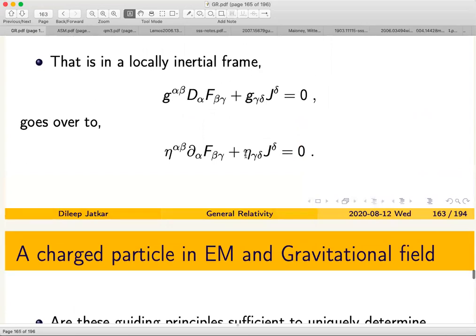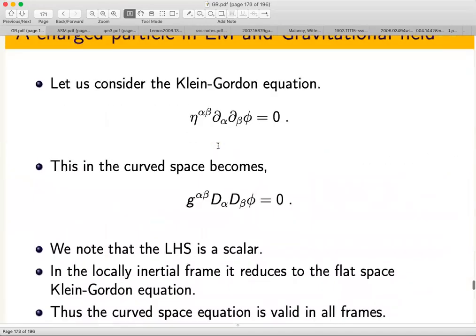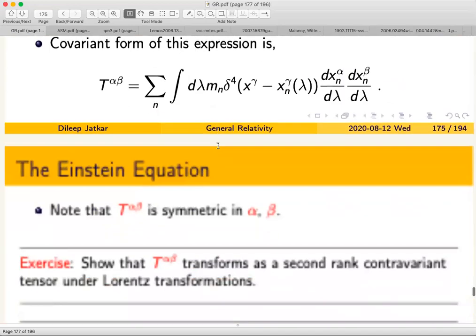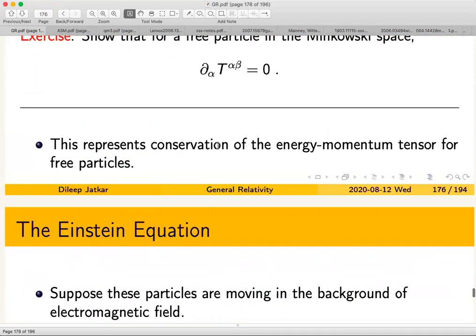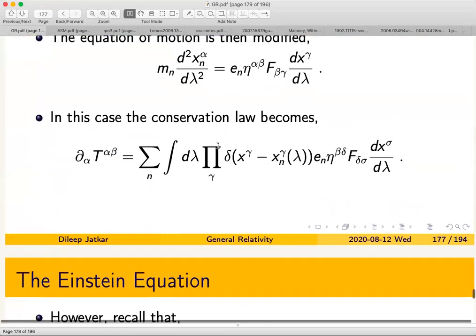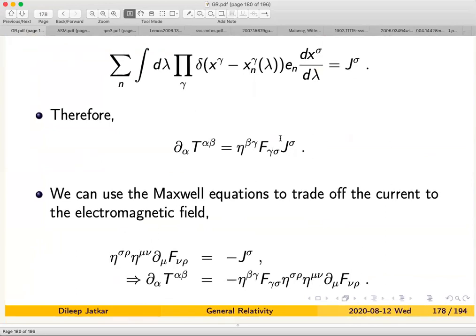Okay, so we are going to use this equation, J is equal to the divergence of F, and just plug it into this. Here's the equation, and we will trade off J and write it in terms of the electromagnetic field.